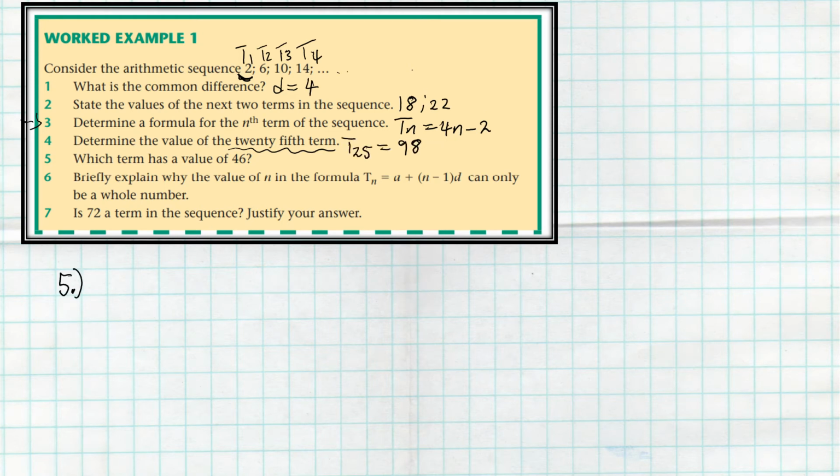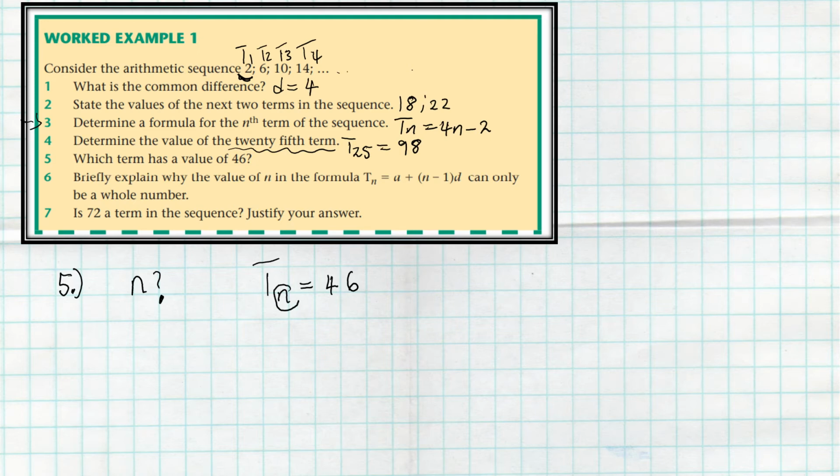Number 5: which term has a value of 46? Now we want the position of a term, so we want n. We want to know the term number that has a value of 46.